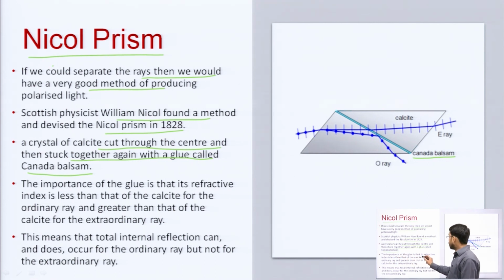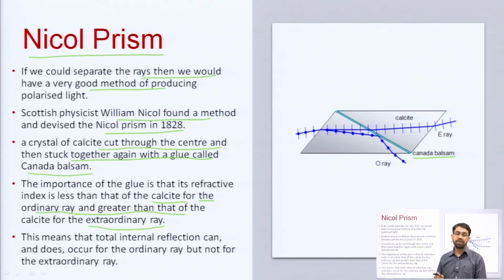The importance of the glue is that its refractive index is less than that of calcite for the ordinary ray and greater than that of calcite for the extraordinary ray.